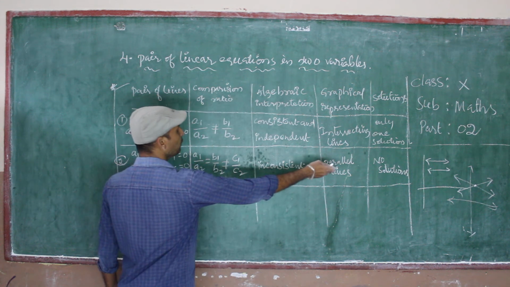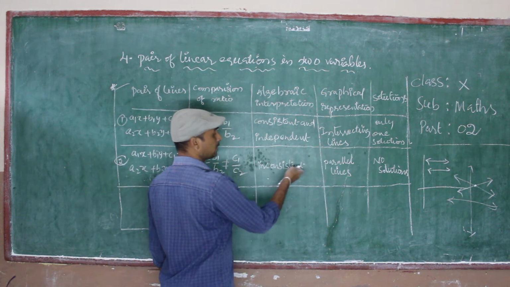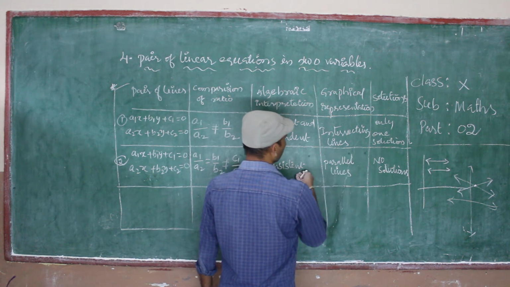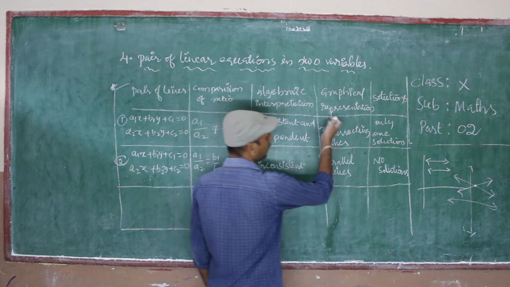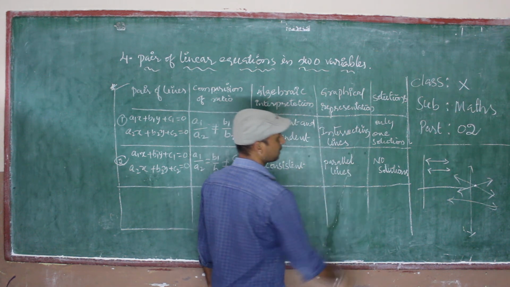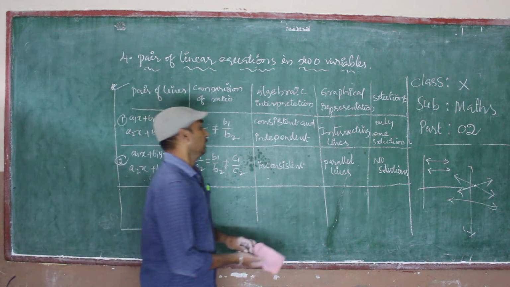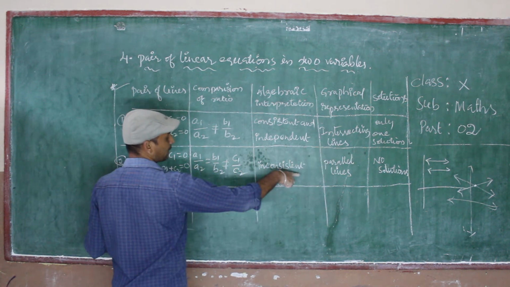So when we are getting parallel lines, the lines are called inconsistent lines. So when we have the condition that the system is inconsistent, then we can say parallel lines, so no solution. So here: parallel lines, no solution, inconsistent.